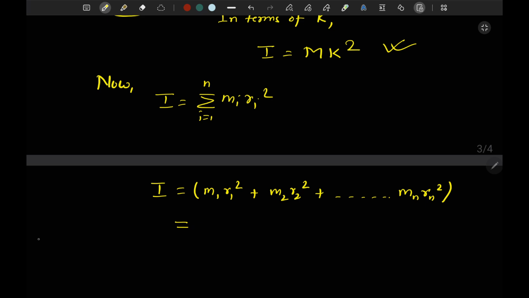If all particles have same masses, in that case we can write common letter m for all the mass.